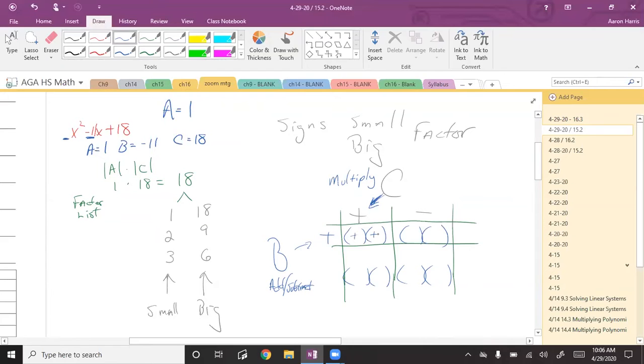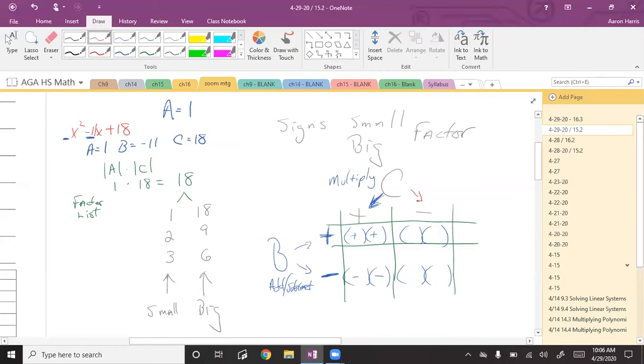How else can I do that? I can multiply 2 negatives. A negative times a negative will give me a positive. But if I add a positive and a positive, I will get a positive. If I add a negative and a negative, I will get a negative. So therefore, B can be negative too when C is what? Positive.